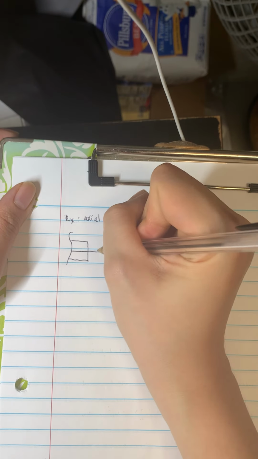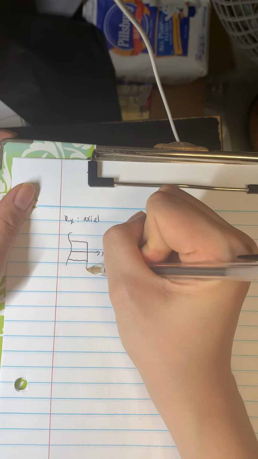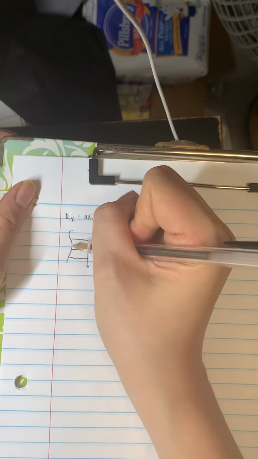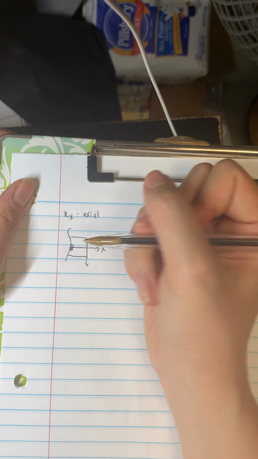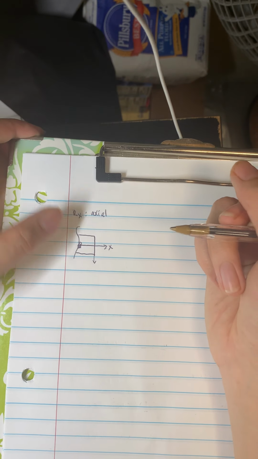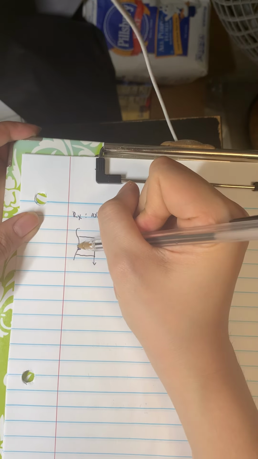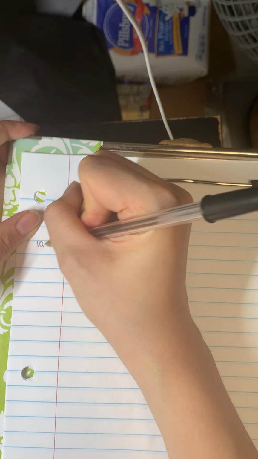So right here is our X, going down is the Z, and right here is A. Since it's a negative 10,000, and this is a positive X direction, the negative 10,000 has to go this way.